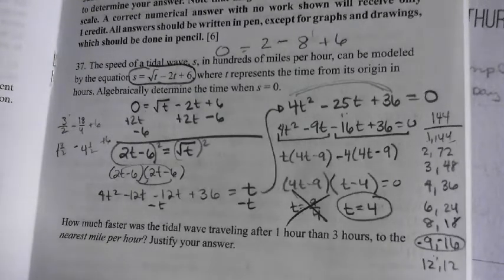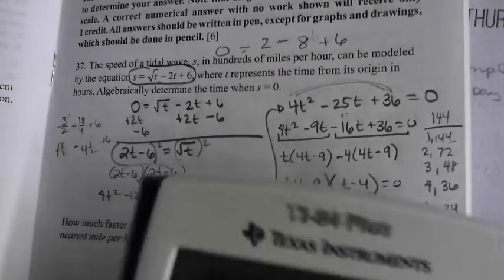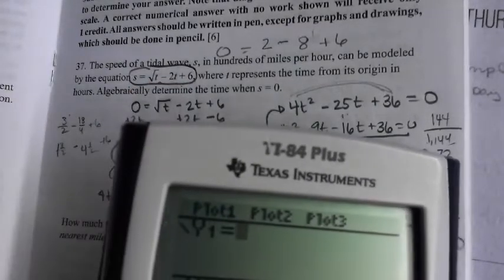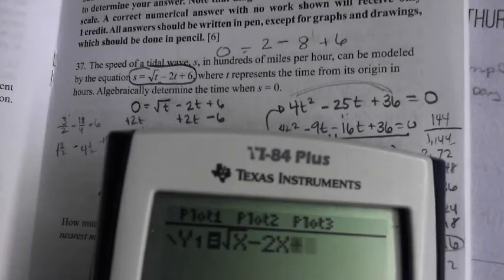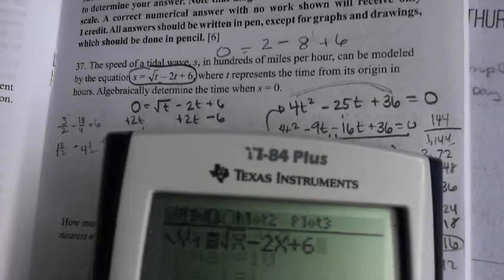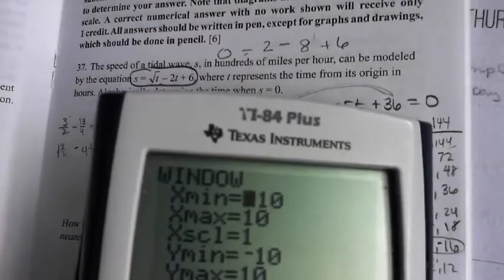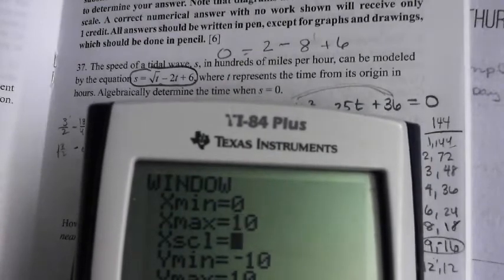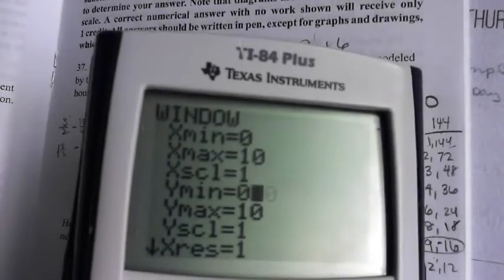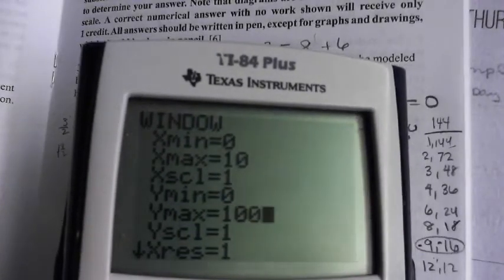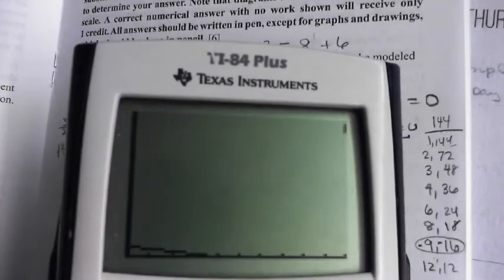Now, you can't use your calculator to solve it, but you can certainly use your calculator to check. So if I were to type in this original function, the square root of x minus 2x plus 6, and my window, my t is time in hours, so I'm going to go 0 to 10 hours, and my y is the speed of the tidal wave, which I don't really know what that might be. I'm going to go up to 100 just for fun. Oh, perfect.